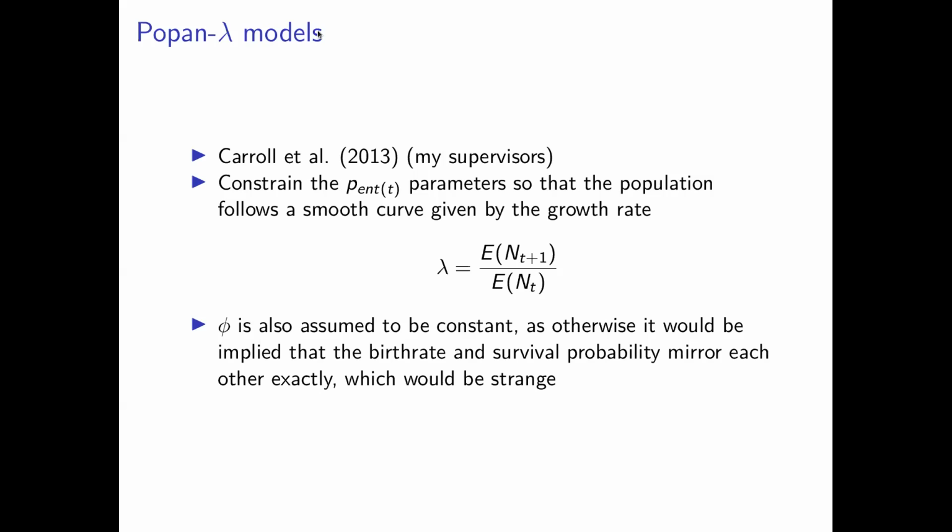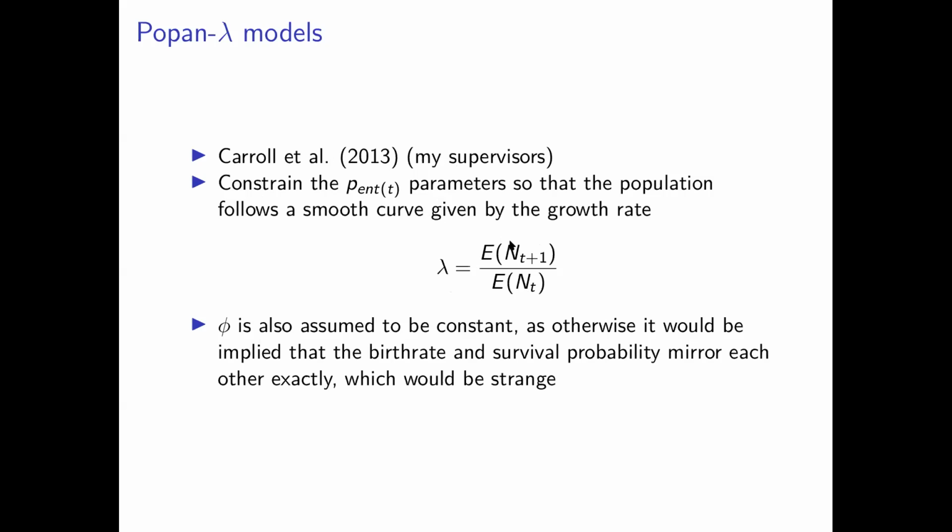Okay, Popan lambda models were first published in 2013 by Carroll et al., my supervisors, and they constrained the entry proportion parameters so that the population follows a smooth growth curve, given by the growth rate lambda, which is equal to the ratio of the expected population sizes.